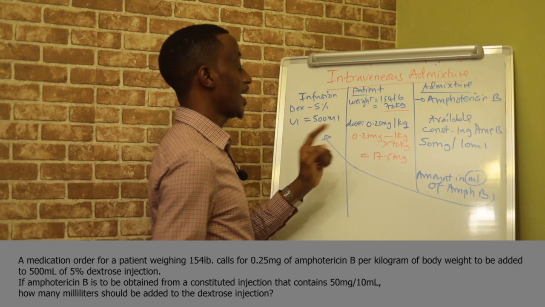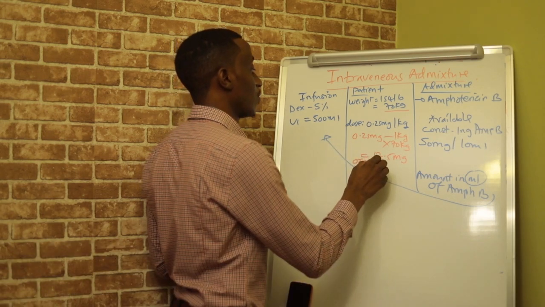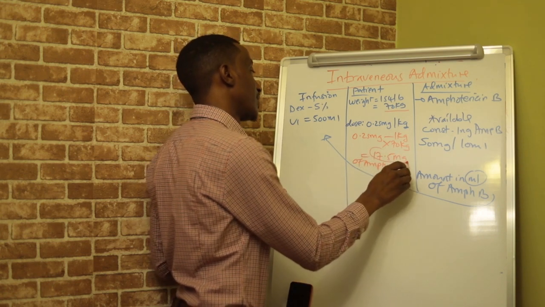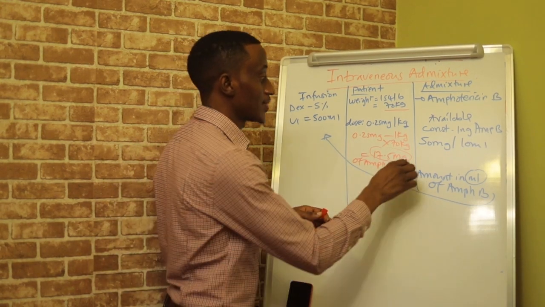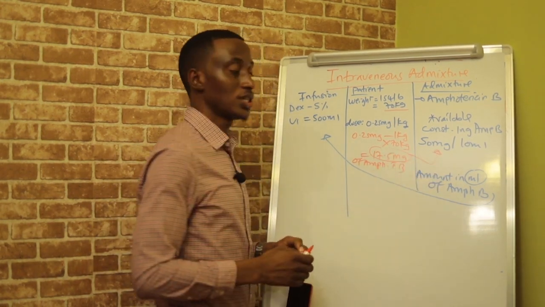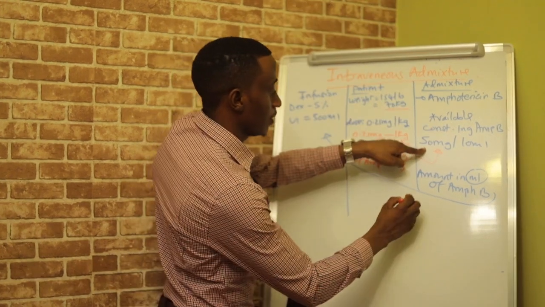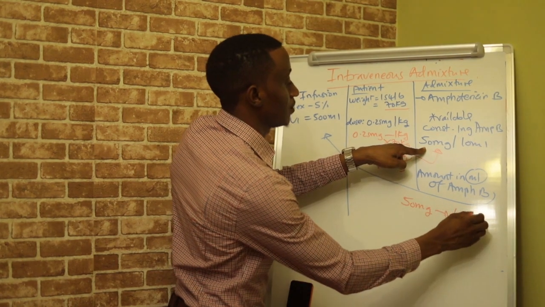So this patient has to use 17.5 milligrams of amphotericin B. But how do we get 17.5 milligrams of amphotericin B? It is from this constituted injection which is available. From this concentration of the injection, 50 milligrams are contained in 10 mils.